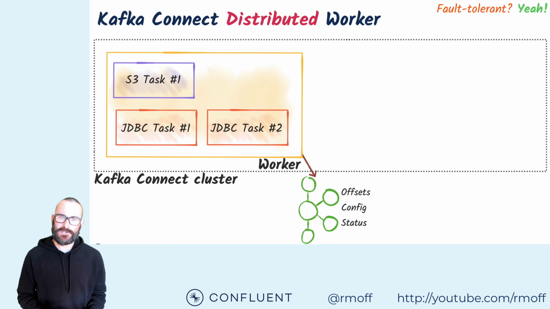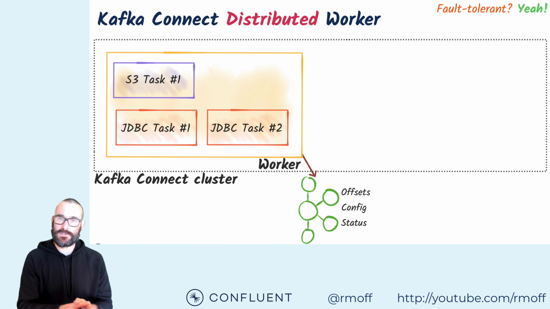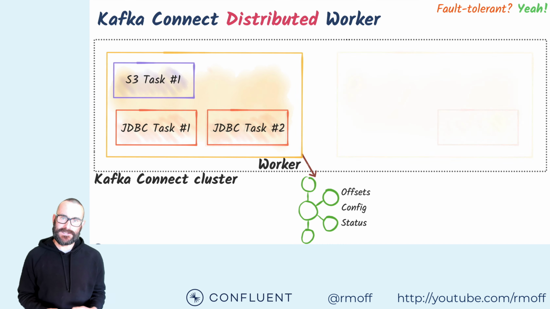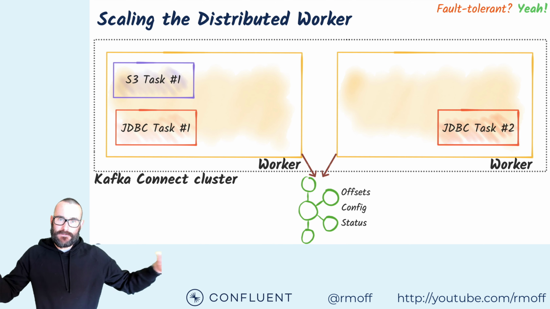Whereas if we run a distributed worker, the distributed worker can run on a single node. So it doesn't have to be distributed to actually run the distributed worker. We have a single node running all of our tasks. But it uses Kafka itself to store its configuration and progress and stuff like that, which means that if we add in a second worker, it can find out the configuration and so on from Kafka, and it scales out beautifully.